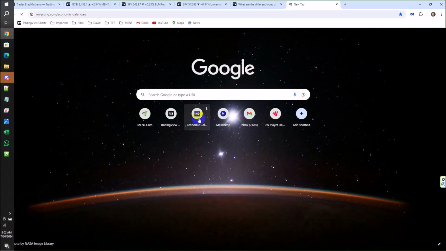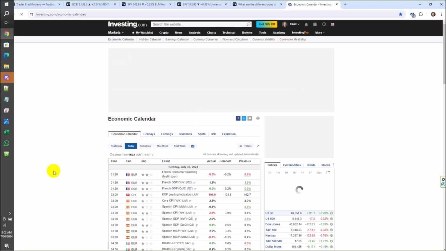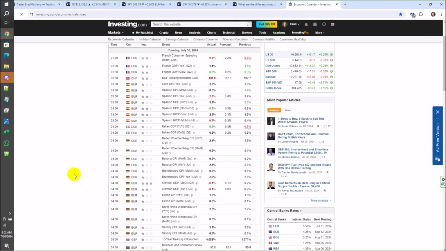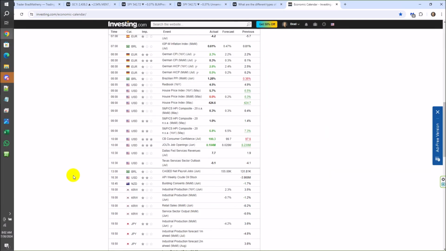Let's come into here. Housing data. Yeah, housing data missed. Housing price index came in at 0. Yeah, real estate's going to start getting a little wonky. HPI composite 6. Consumer confidence 100.